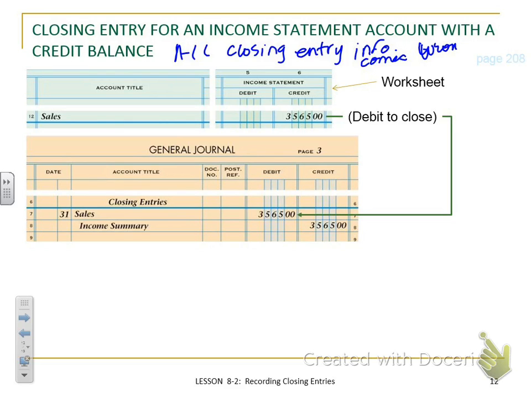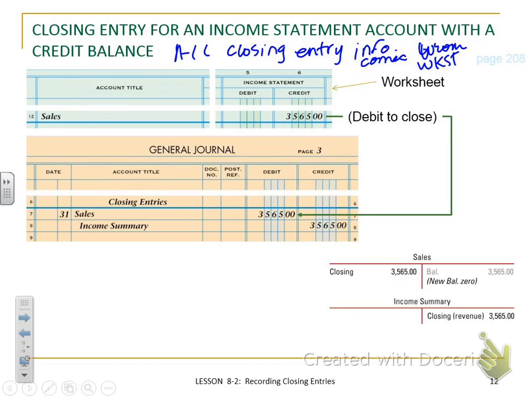From worksheet. Okay? All of it. So where am I? I'm in my income statement columns of my worksheet. And I'm on the sales. Okay? And now my sales is a credit balance. So to do the journal entry, I don't know what was going on. My brain was getting faster than my mouth.